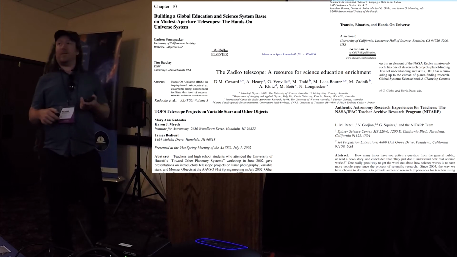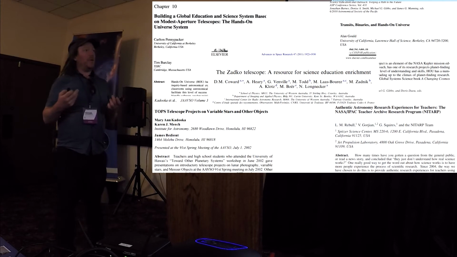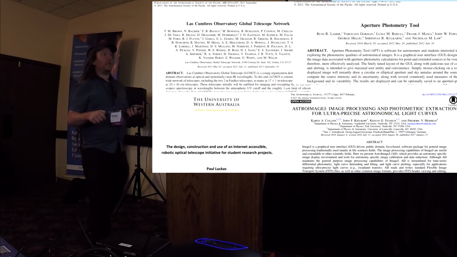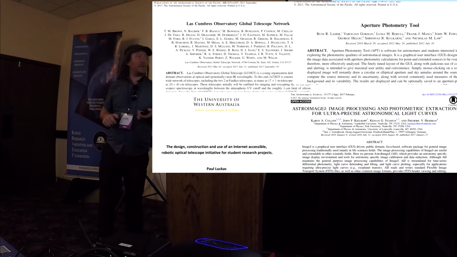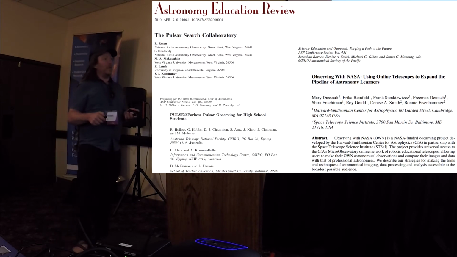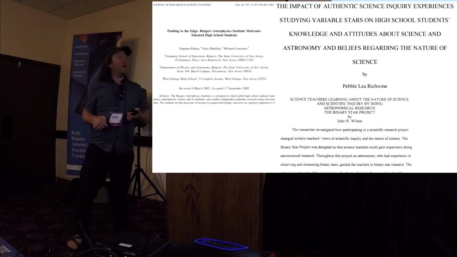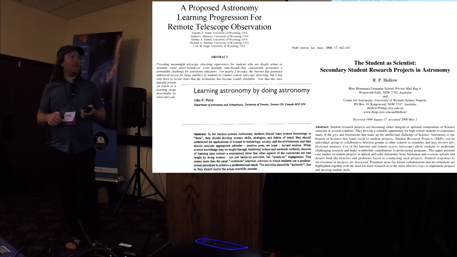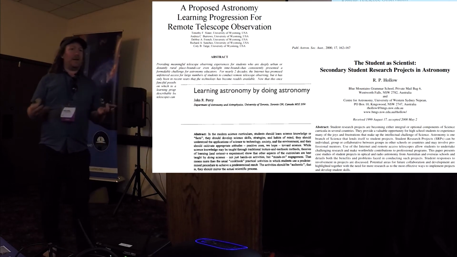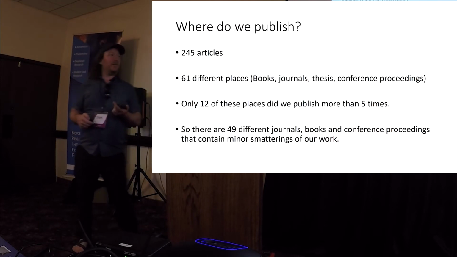And then there's a lot of papers about different projects and what they do, what they've done. A bit of instrumentation, so LCO and the Spirit Telescope in Western Australia, and some about the software that's relevant. Some more radio-focused papers, and some more in-depth education papers. And the last one is a lot of position papers, people giving their ideas, their theories about how things work. So you can see it's a bit of a mixed bag.